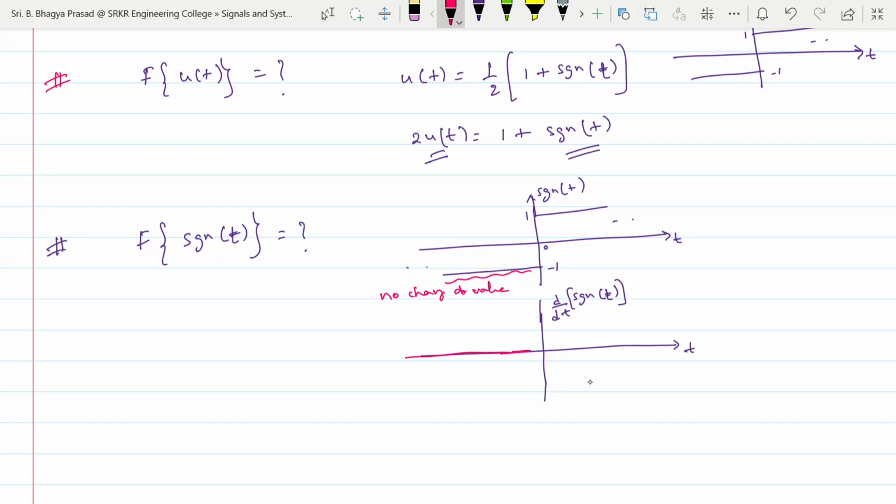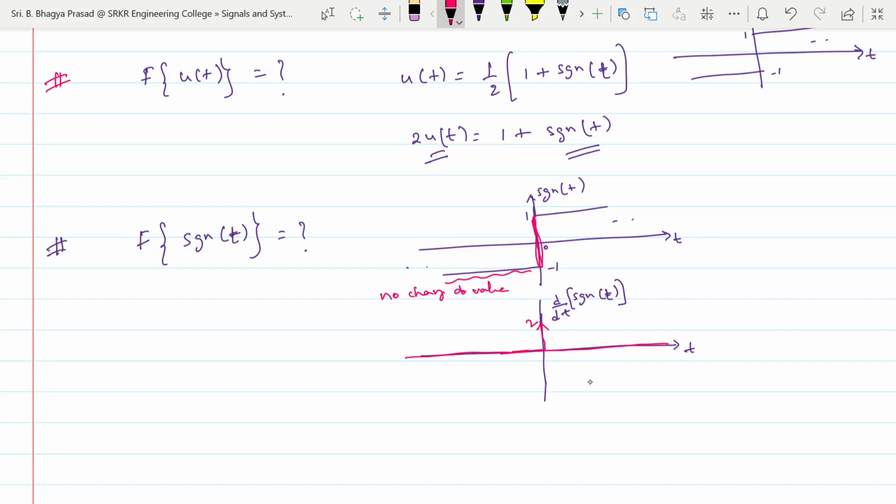The derivative is 0 up to 0. But at t = 0 the value changes from −1 to 1, so there is a change of strength 2. For positive time, 0 to infinity, again the change is 0.